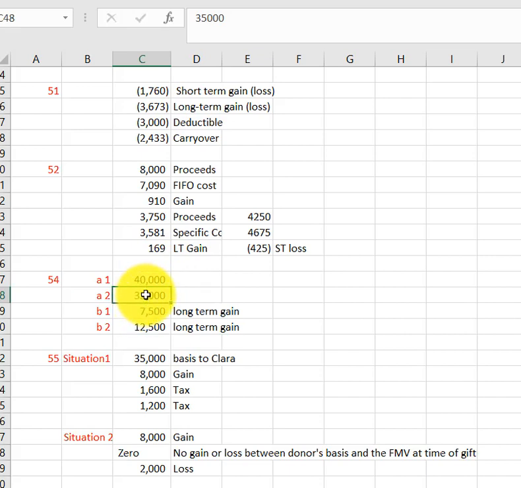And then it would be this value 6 months later, or $35,000. So if you were to use the $40,000, you would have a $7,500 long-term gain. If you use the $35,000, you would have a $12,500 gain.